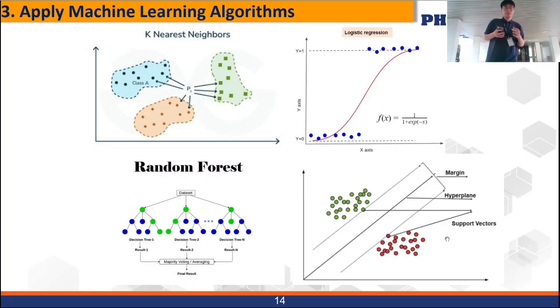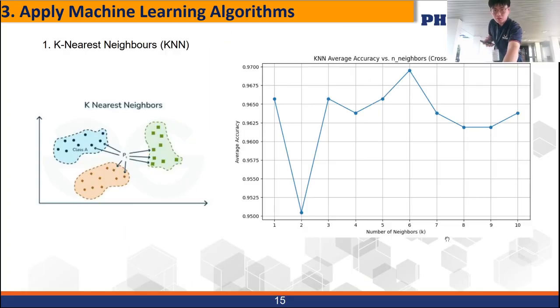In this project, we apply 4 algorithms: KNN, logistic regression, random forest, and SVM. We move to the first model, KNN.